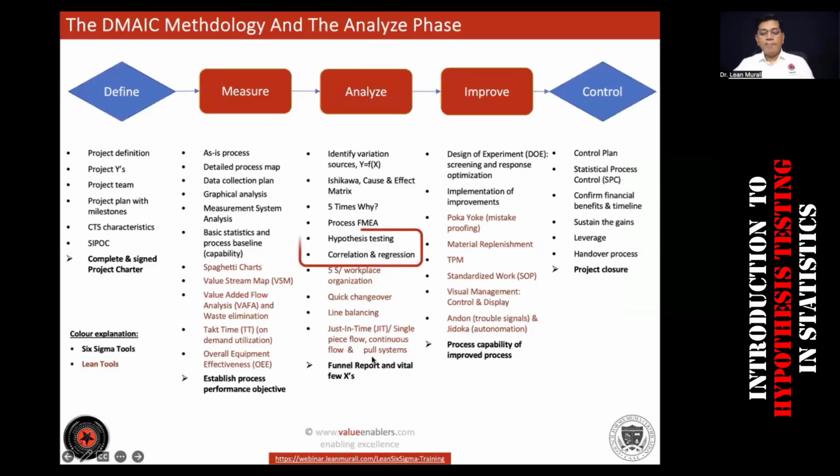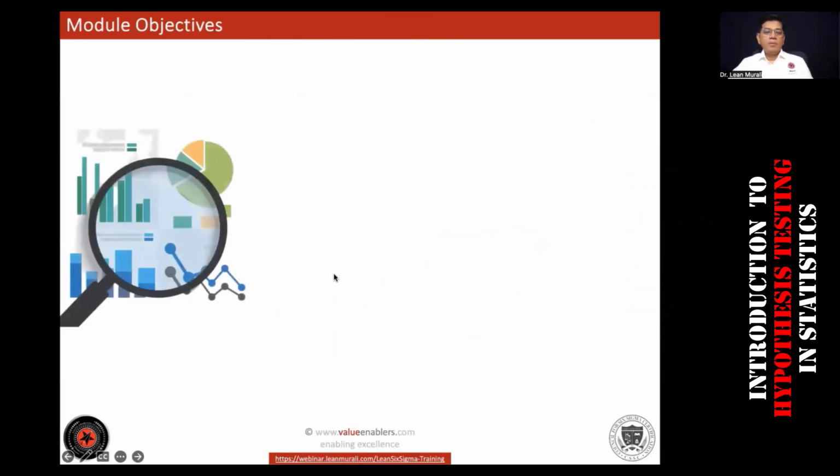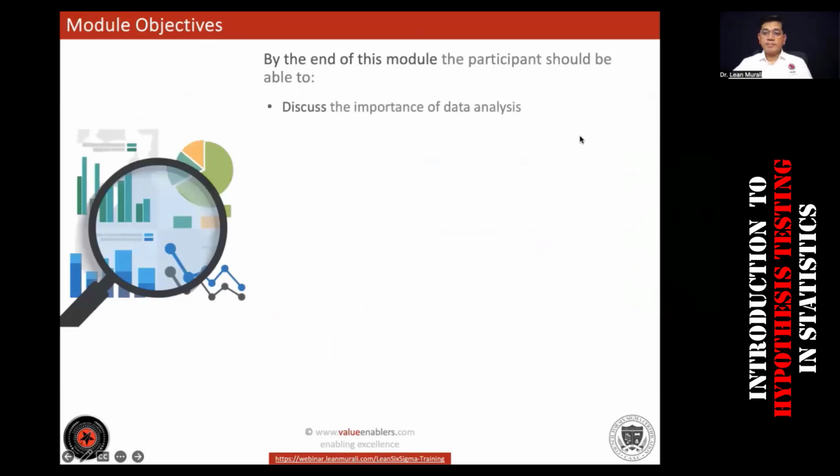This particular hypothesis testing comes in a very important phase of Lean Six Sigma called the analyze phase, because you want to validate a claim. Now, the objective of this is this.